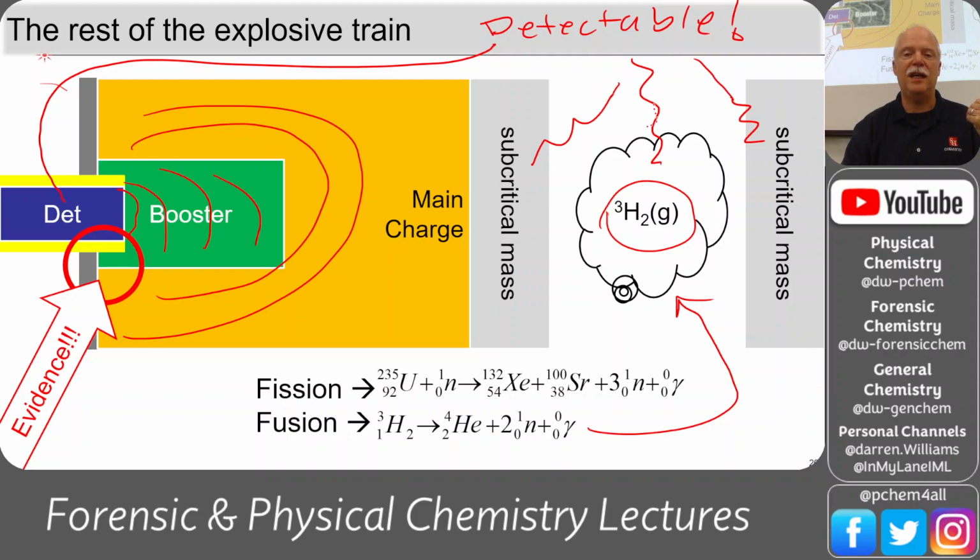So you probably wouldn't detect that, but you might detect tritium, and that would be extremely rare, but extremely scary too. But the detonator is the Achilles heel in almost all explosives because it's the smelliest, and you can sniff for it. So you can get sensitive ion mobility spectrometers to sniff for PETN and other kinds of sensitive explosives.